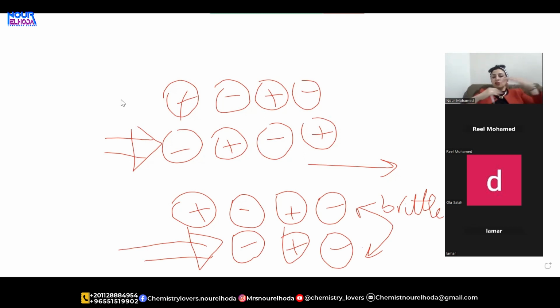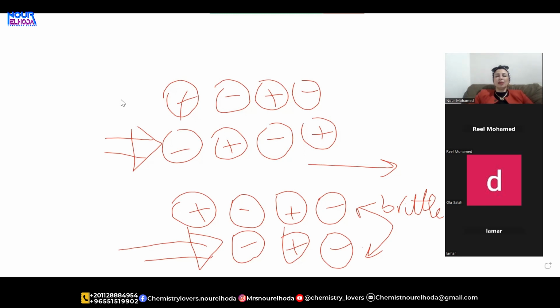Because the ions are positive, positive, negative, negative, positive, positive. When you apply force, there is going to be a repulsion between the layers. So that's why it's brittle. Unlike ionic compounds, metals are malleable, because layers slide.